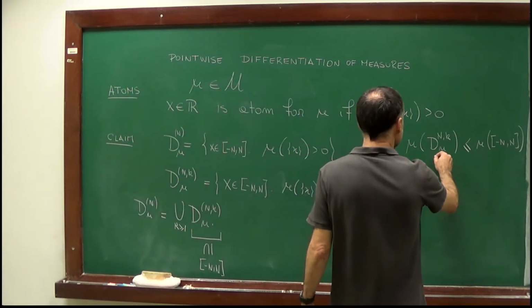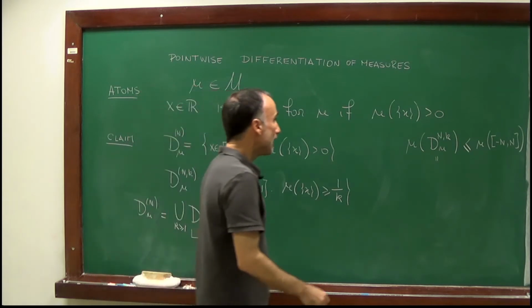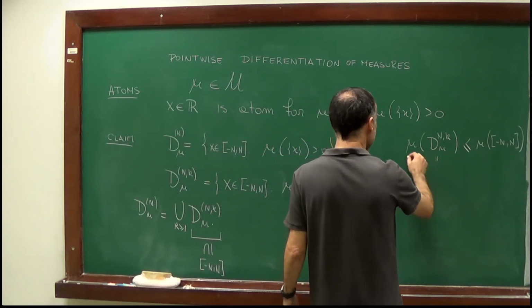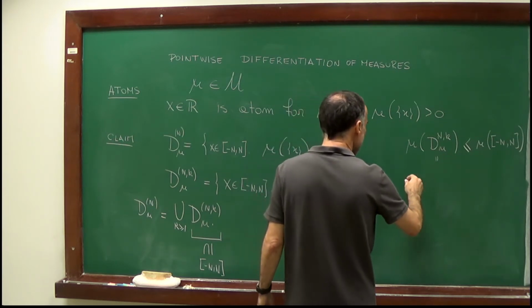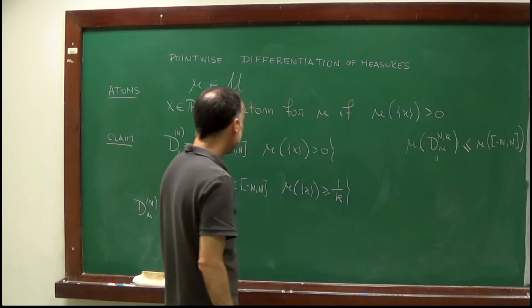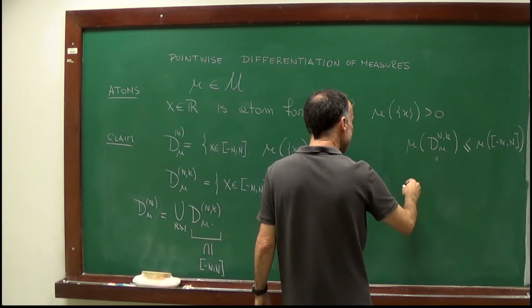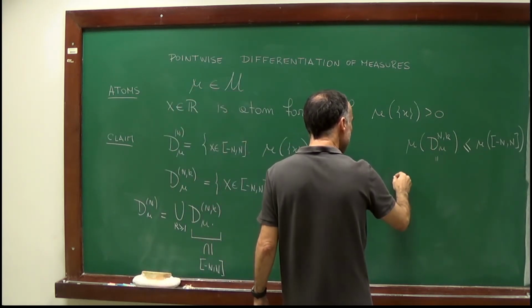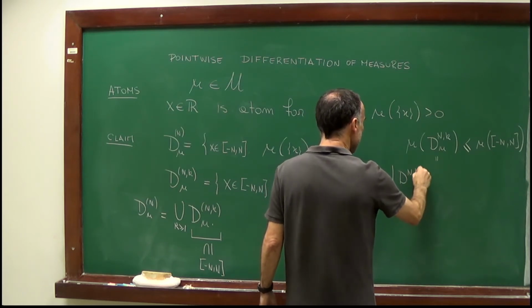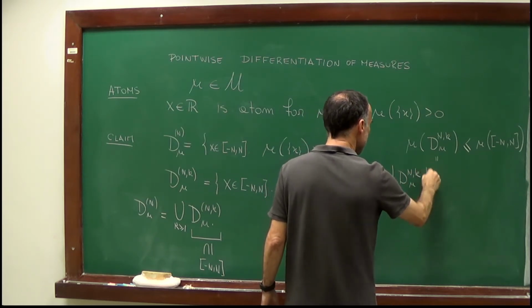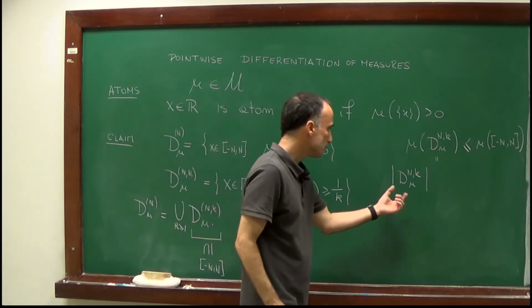On the other hand, the measure of this set is larger than, let me represent by |D_n^k(mu)| the total number of points of this set.